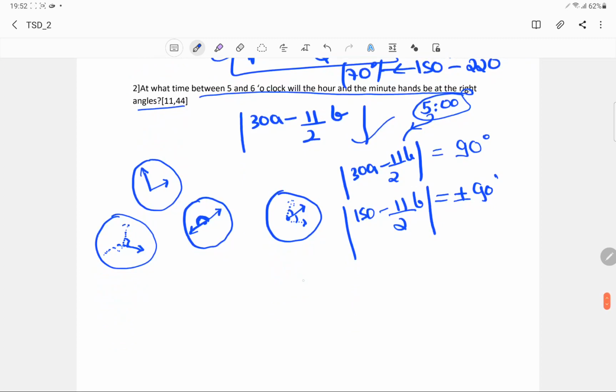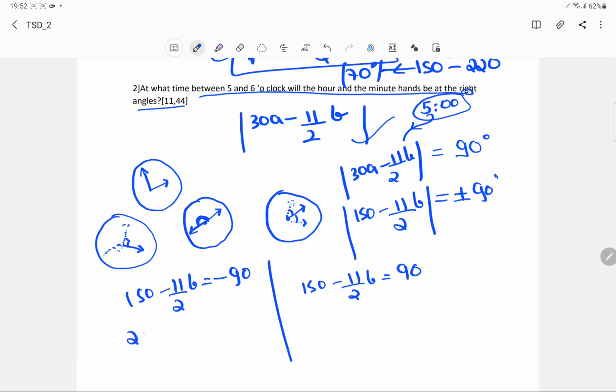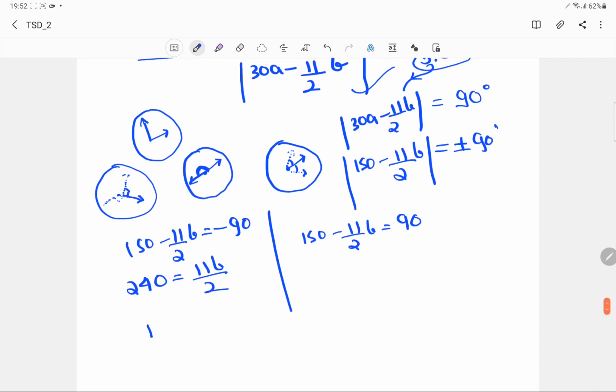If you try to solve this, 150 minus 11 by 2 B is equal to 90 degrees, and 150 minus 11 by 2 B is equal to minus 90 degrees. So this would be 240 equals 11B by 2, which is 480 equals 11B, and B is equal to 43 something.